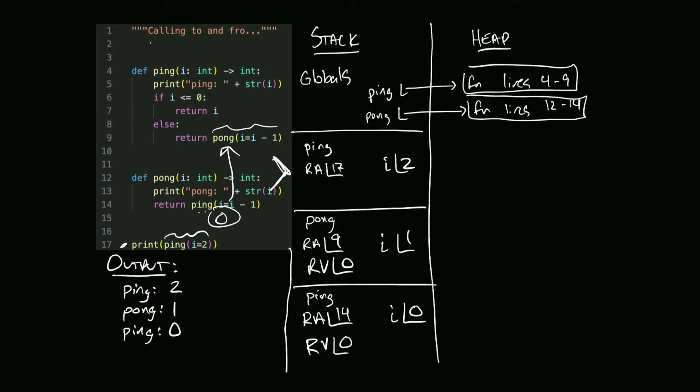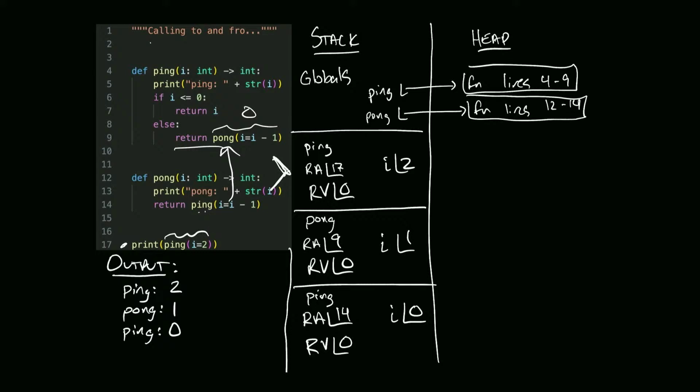This function call evaluated to 0. That's part of the return statement we were trying to keep track of. So now our return value for this frame is 0. But where do we send that return value back to? Well, we send it back to line 17, where this all started from, way back down at the very beginning.